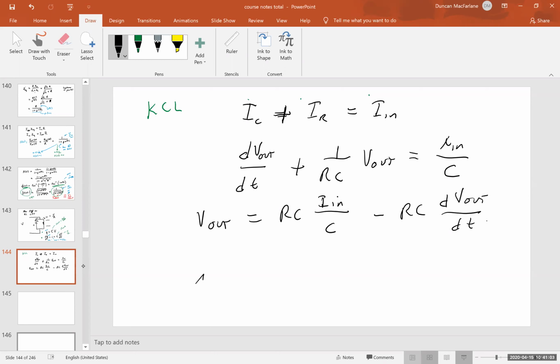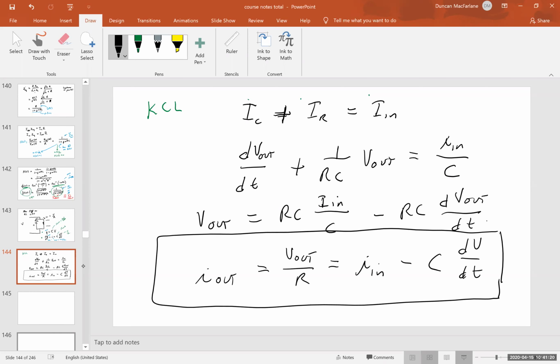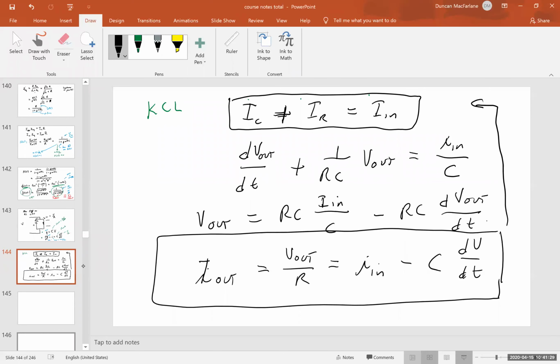And so now I can write I out is equal to V out over R, which is equal to I in minus C dV dt. And really, this is probably the easiest thing to relate to this: I out, I in, dV dt.